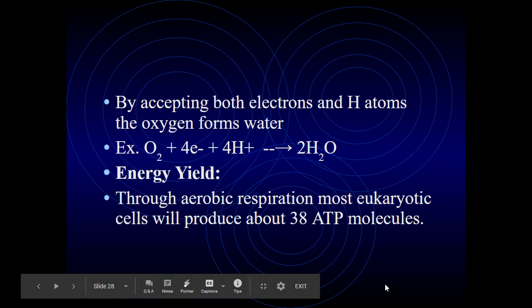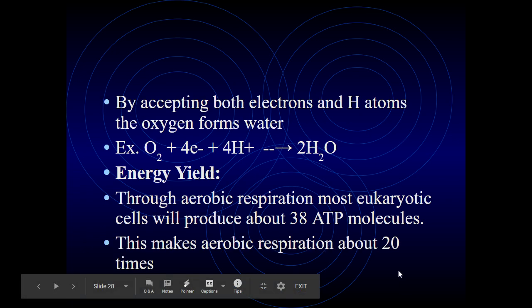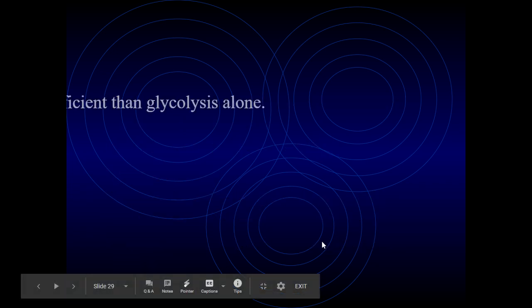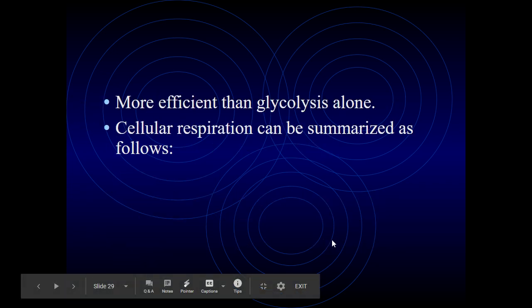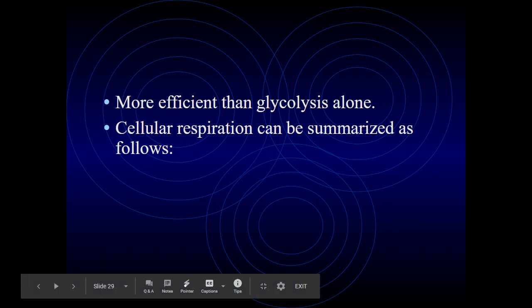That is your yield. Through this aerobic respiration, most eukaryotic cells produce about 38 ATP molecules. That makes it about 20 times better than the Krebs cycle, and way more efficient than glycolysis alone.